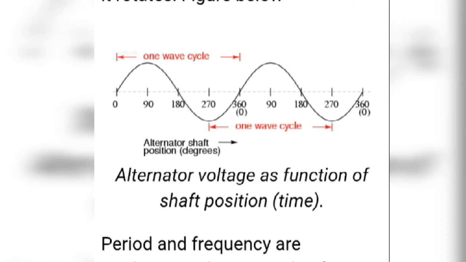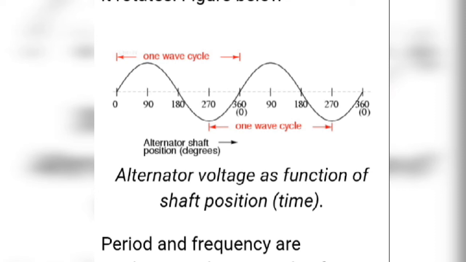Here is a picture of the sine wave starting from 0 to 90, 180. One cycle is completed at 360, and another cycle starts again. Our AC voltage and AC current work on that type of function, or frequency.